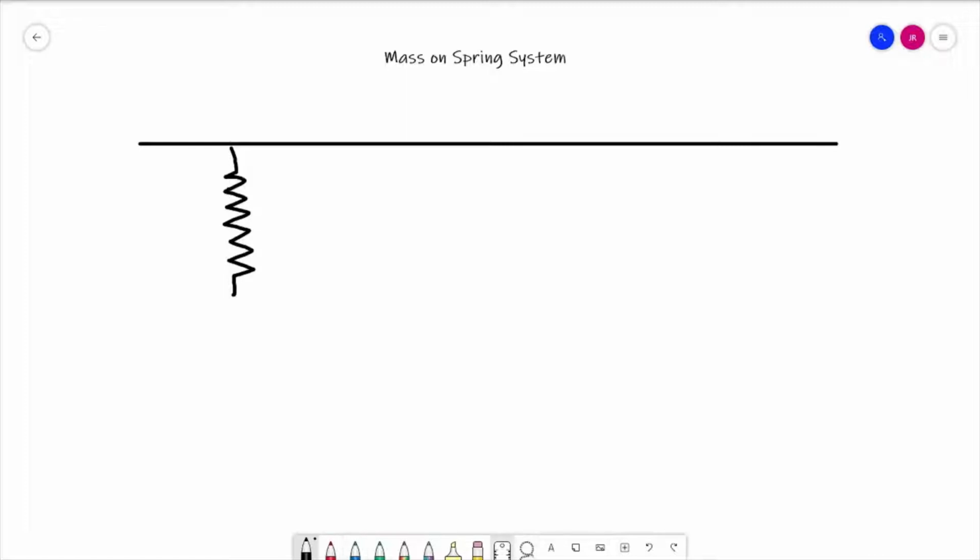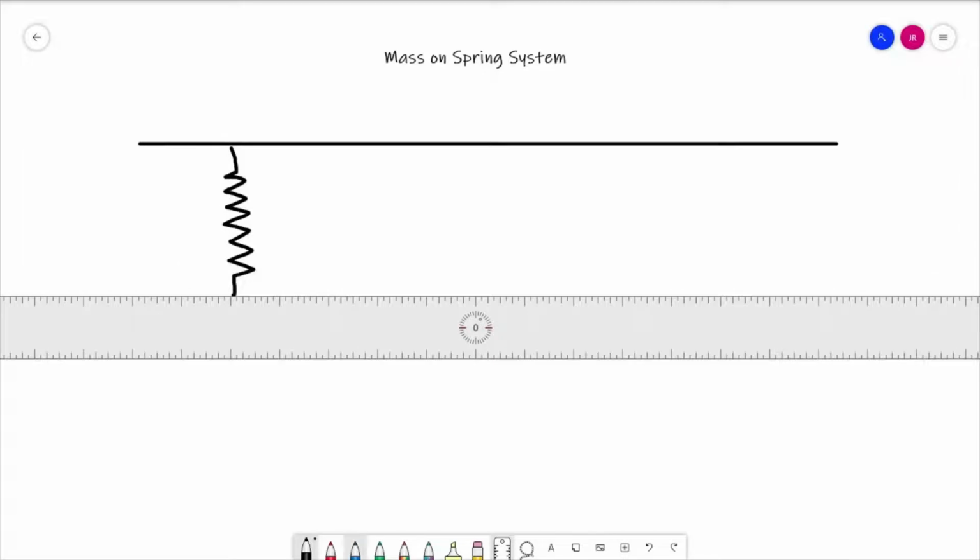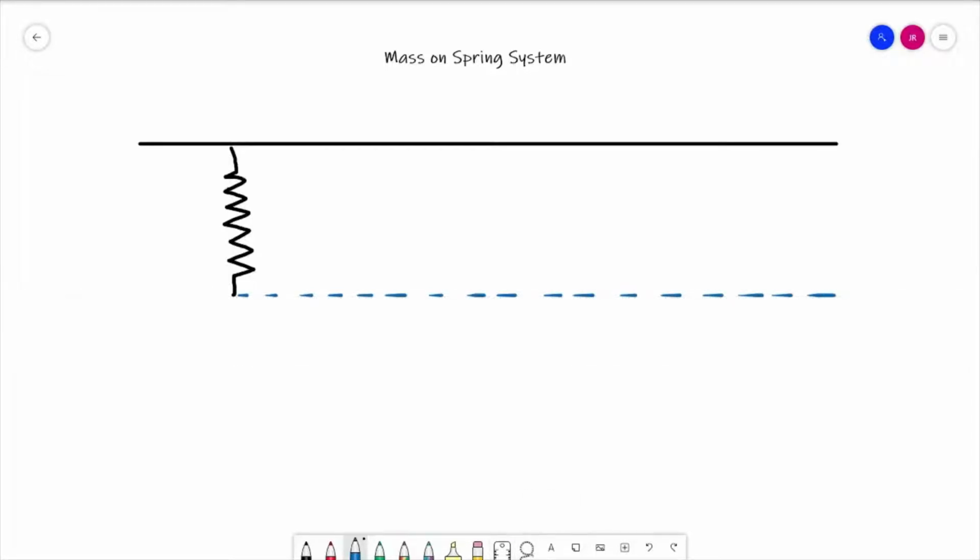Now that unstretched spring will have a natural length to it. So I'm just going to draw in there a dotted line to show us the original length of the spring.